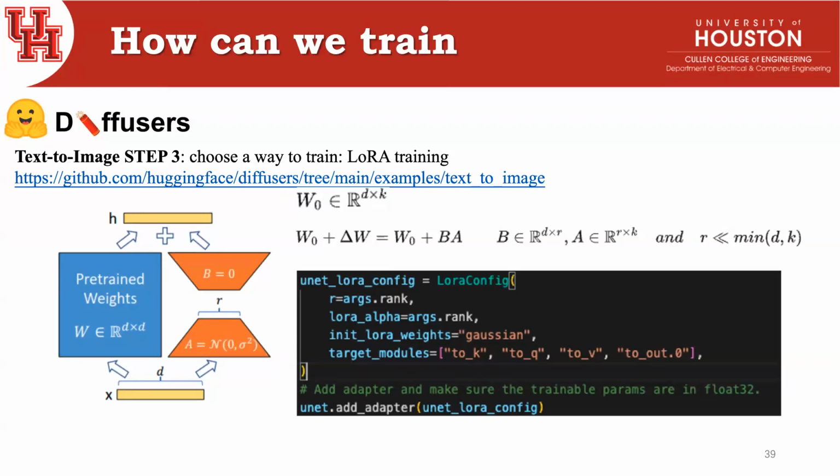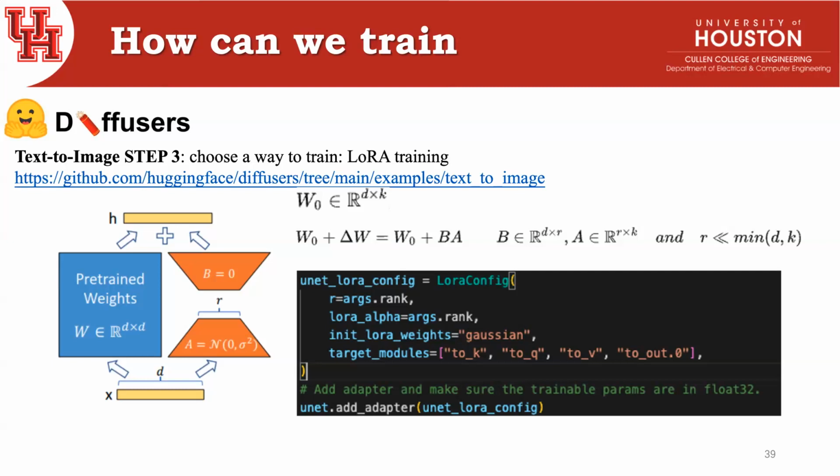You can use this LoRA config. You define the R, the rank. You define what initialization you use for A and B, and you define the target modules. The target modules are what W is.